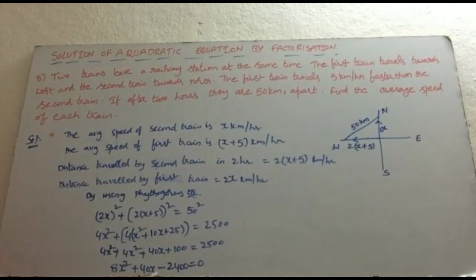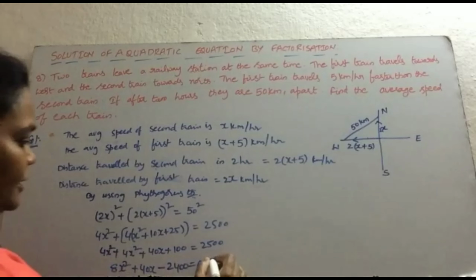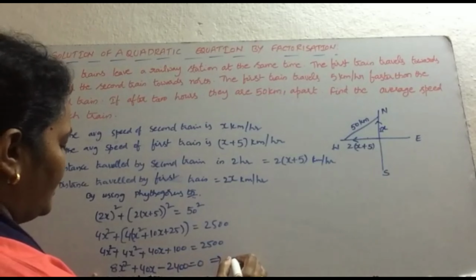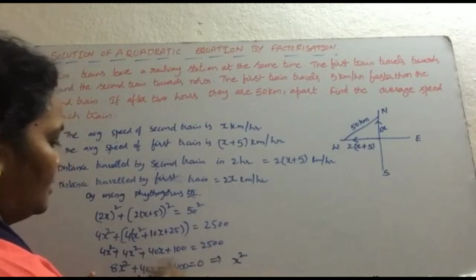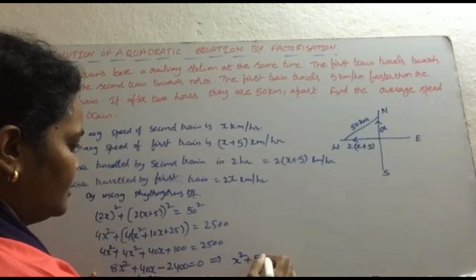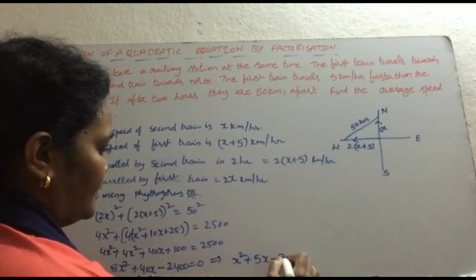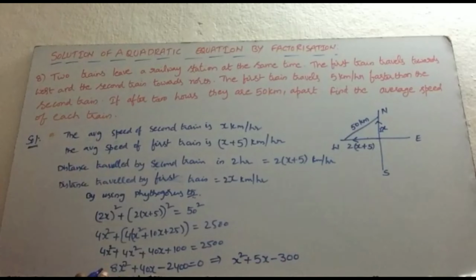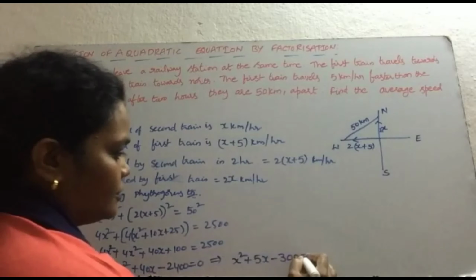Now on both sides I will take 8 common. Then we will get the equation x square plus 5x minus 300 equal to 0.